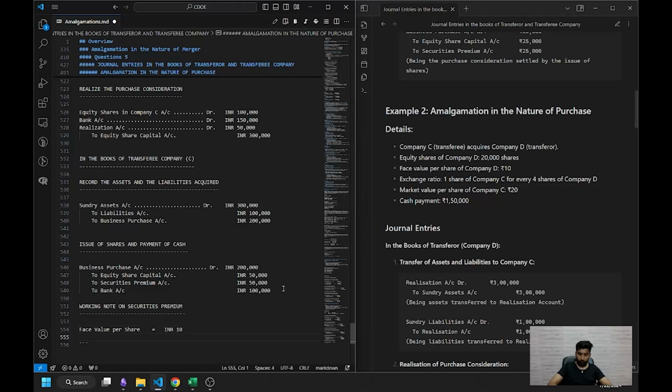We had 10 and market value per share had 20. Market premium is equal to rupees 10. How it came is the difference of this.